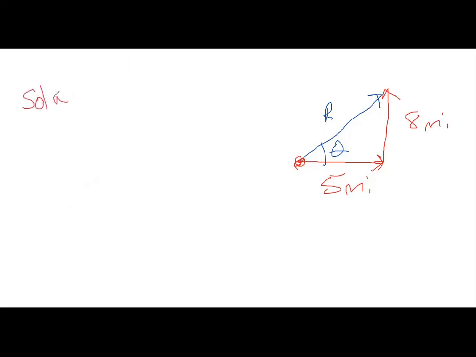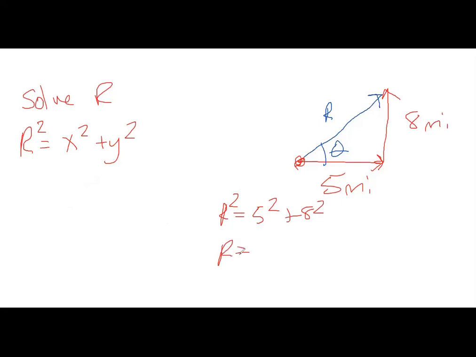Next thing we want to do is solve R. And to do this, we use our Pythagorean theorem. We're always going to have right triangles. R squared equals x squared plus y squared. So over here we have R squared equals 5 squared plus 8 squared.